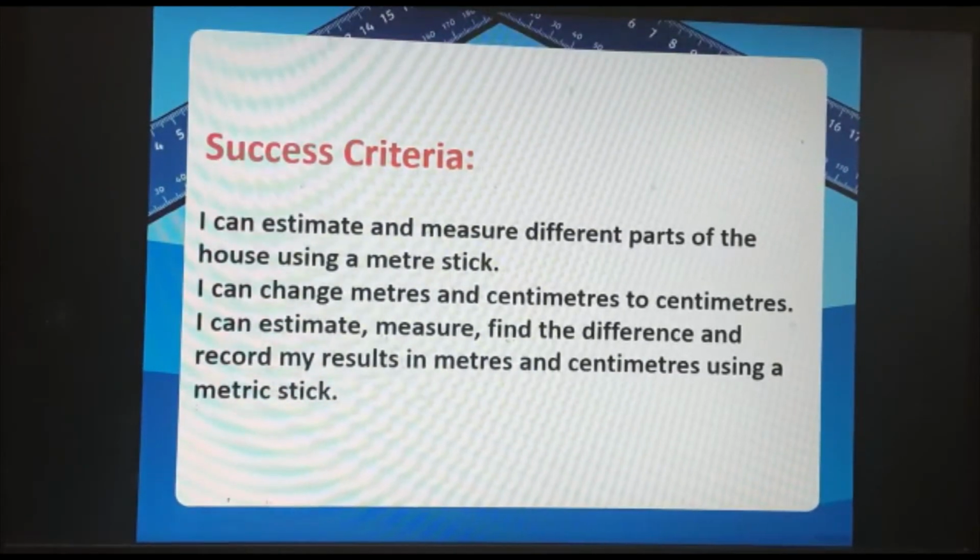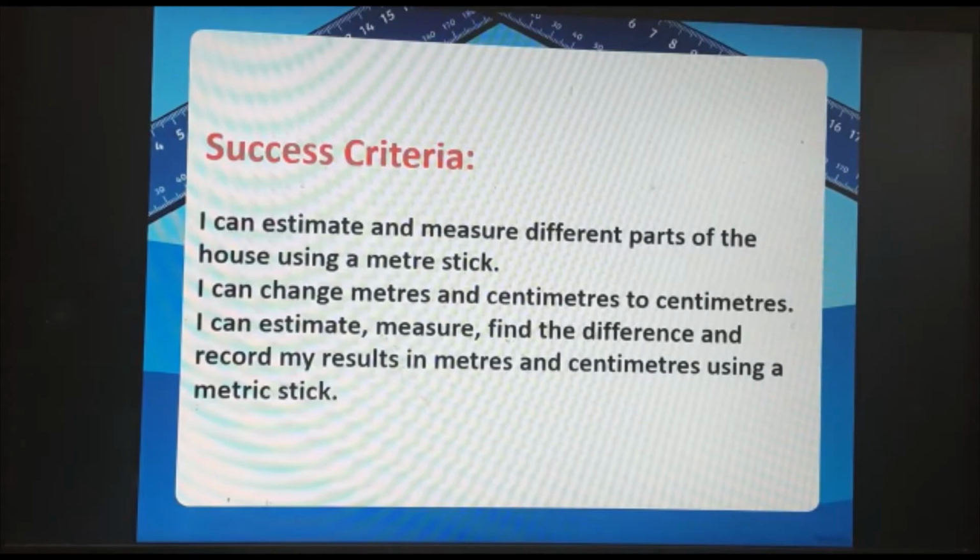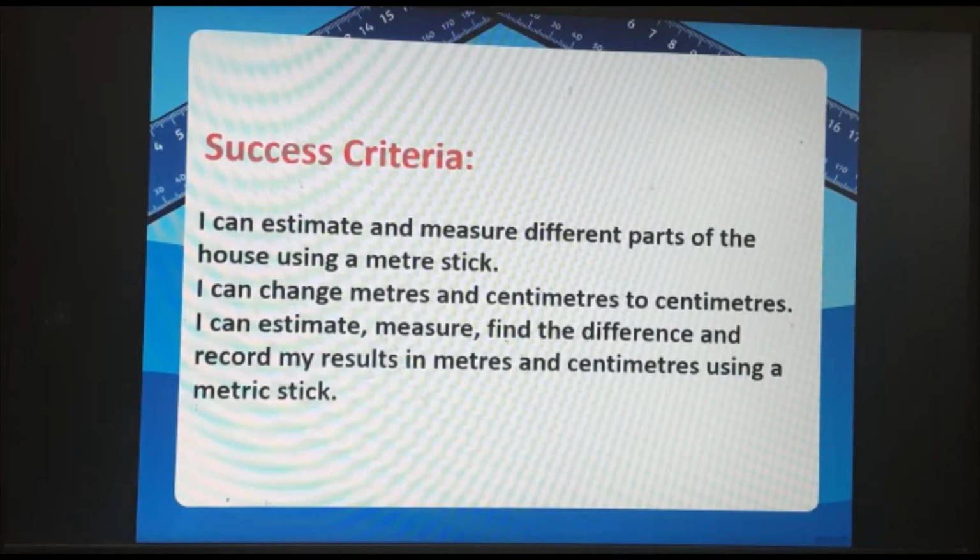Success criteria is always given according to the three different types of children, the groups that we divide children into according to their ability, and that is why I have created three kinds of success criteria for you, so you can relate yourself to any kind of objective that you want to test for yourself as soon as you see the task in the last that I'll give to you.